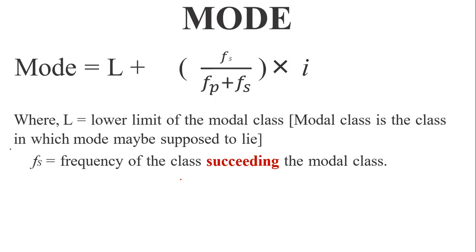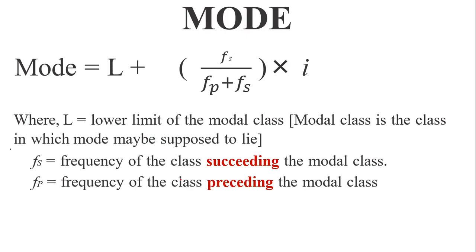Fs is the frequency of the class succeeding the modal class. Fp is the frequency of the class preceding the modal class. And finally, I is the class interval.